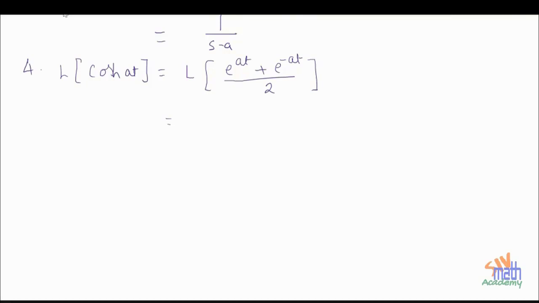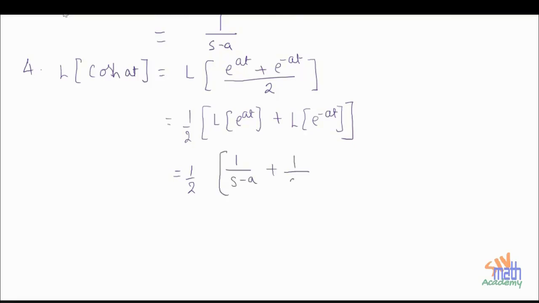And of course here we apply the linearity property, which I will discuss a little later. So we can split and write like this: 1 by 2 into L of e power at plus L of e power minus at. This will be half into, for L of e power at, 1 by s minus a, plus 1 by s plus a. And of course here this is half into, you will be getting s plus a, minus a gets cancelled, so it will be 2s upon s square minus a square, the 2 cancels.